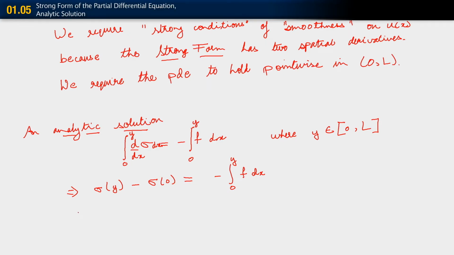So we have this, but then we realize that what this implies is, of course, this, right? It is that E u comma x evaluated at y minus E u comma x evaluated at 0 equals minus the integral 0 to y of f dx. Okay, so that's what it implies for us.